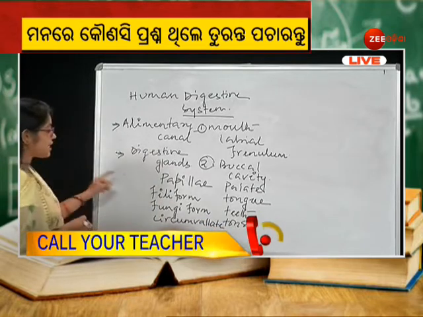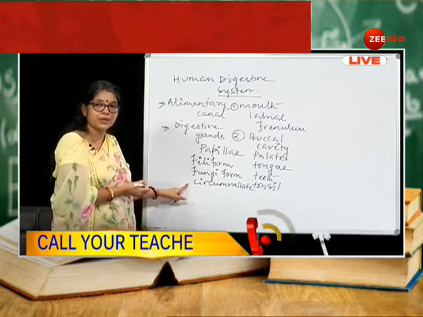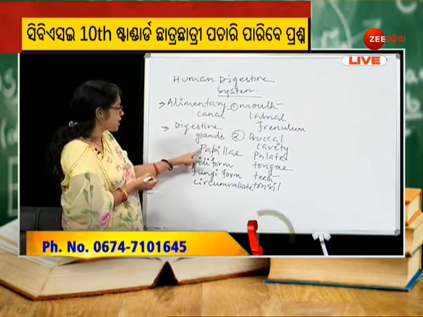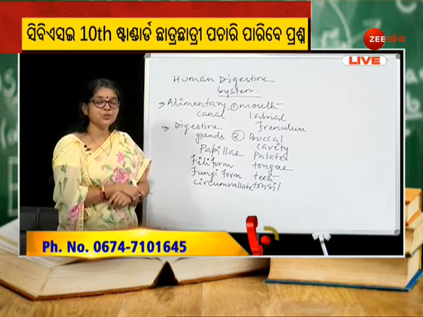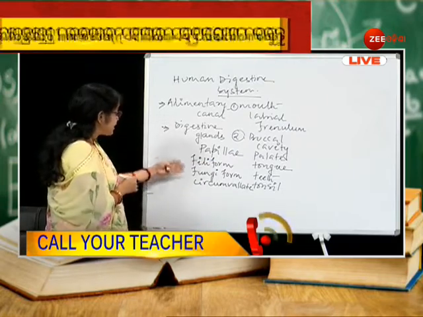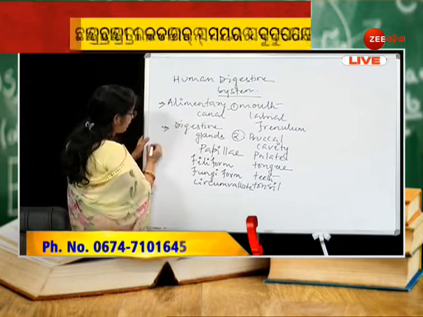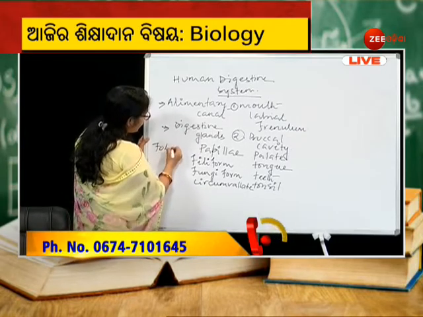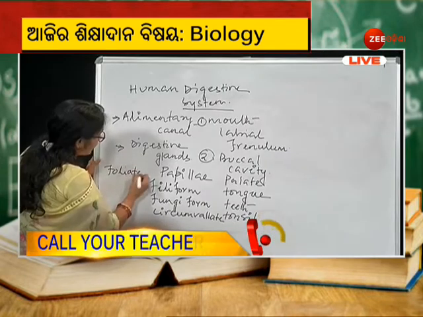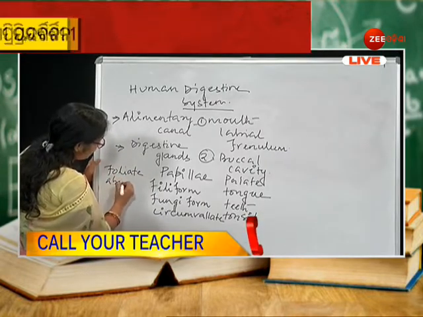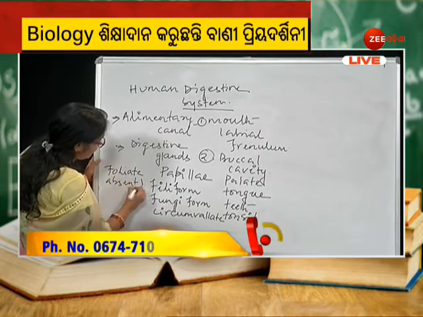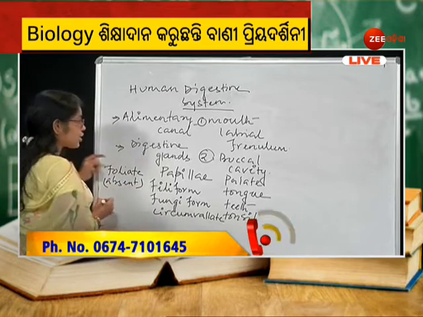So these are the three different types of papillae present on the surface of the human tongue. Along with these three types, there is another papilla, the foliate, but this is absent in the case of humans.